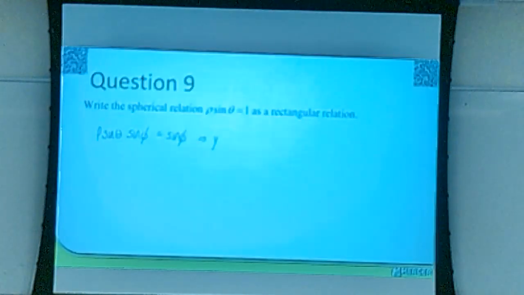What's sine of phi? What's cosine of phi? How is cosine defined on the right triangle?